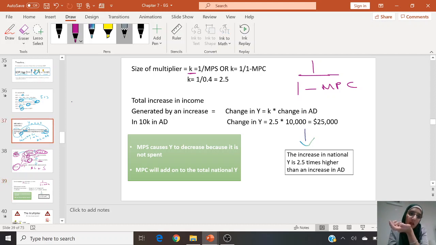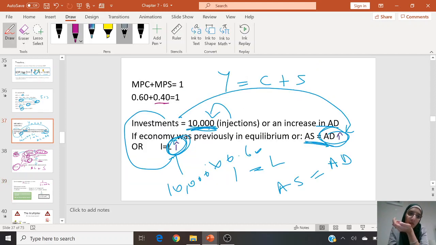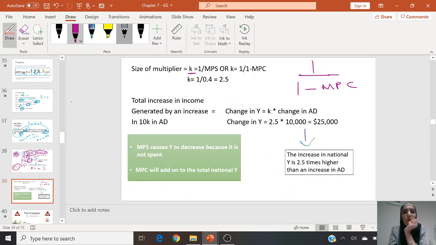We know over here that MPS is 0.40. That's why K equals 1 over 0.4, and we now know that the multiplier is 2.5. That's it. What I want to know now is the actual increase from the 10,000 investment.